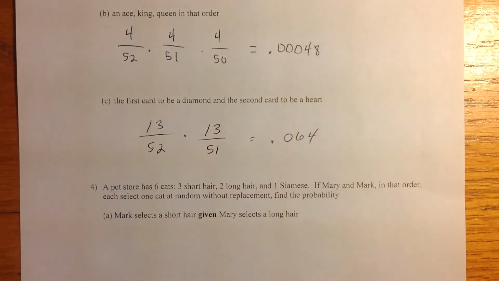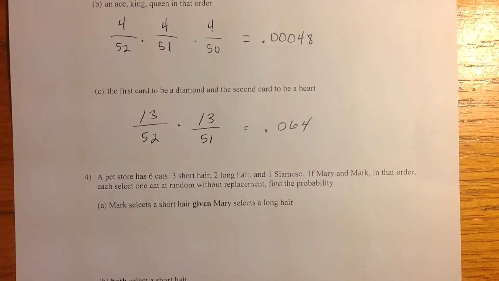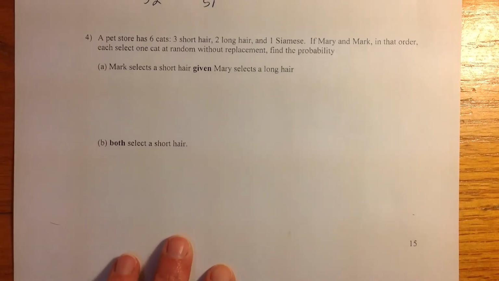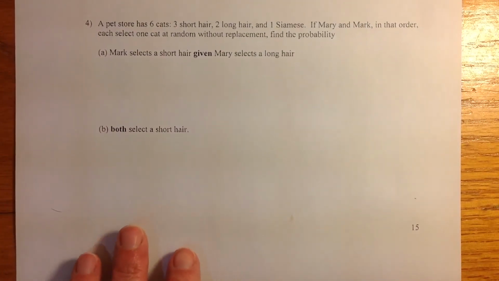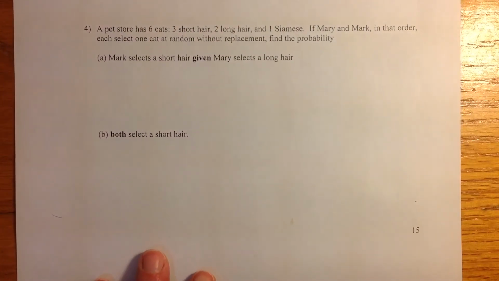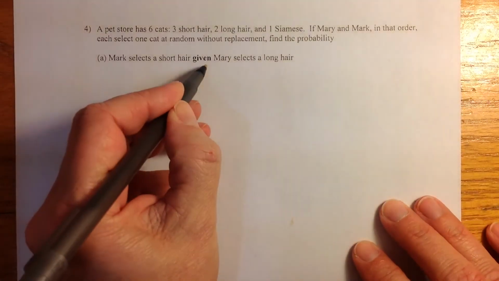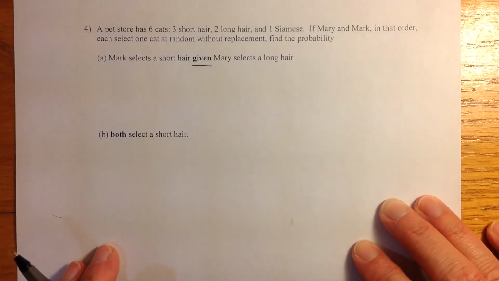All right, so this next problem is going to look at the idea of "given" and the idea of "and" in 2 separate problems. So we're at a pet store with a certain number of cats. And here we go. We're selecting 1 cat at random. Mark selects a short hair given Mary selects a long hair. So remember what that means.